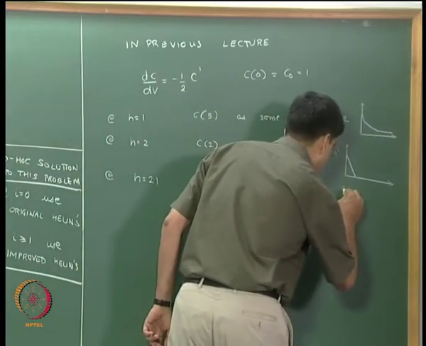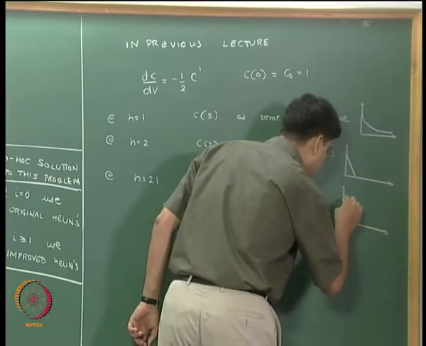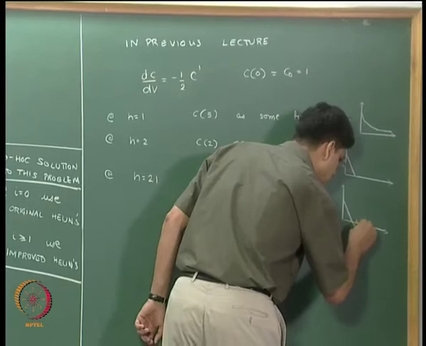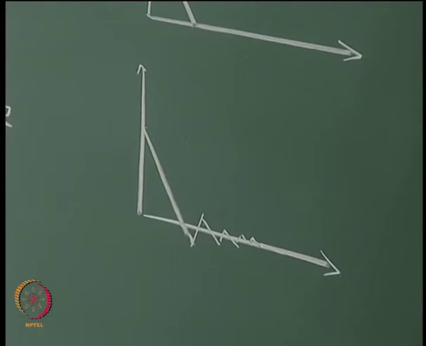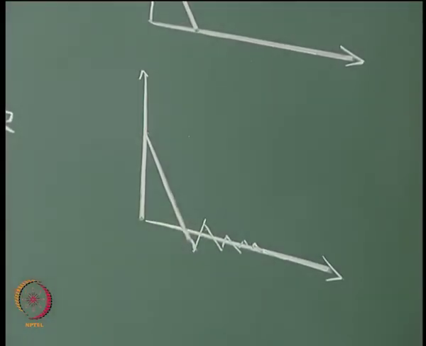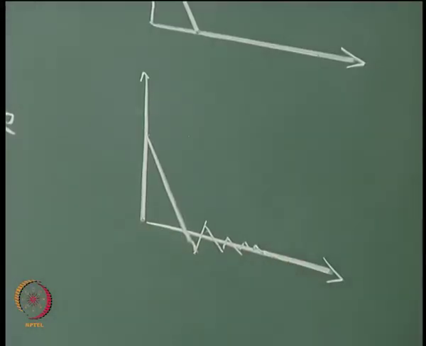Specifically, when we plot concentration versus volume, what we observed was that the concentration drops and then finally reaches 0. These oscillations for h equal to 2.1 were relatively small, they got damped, and very quickly the final solution stabilized.